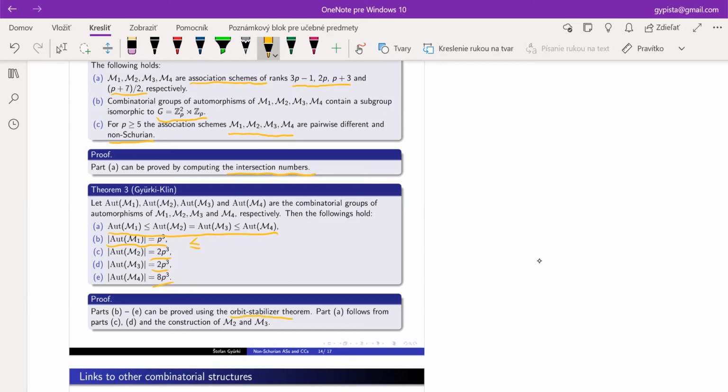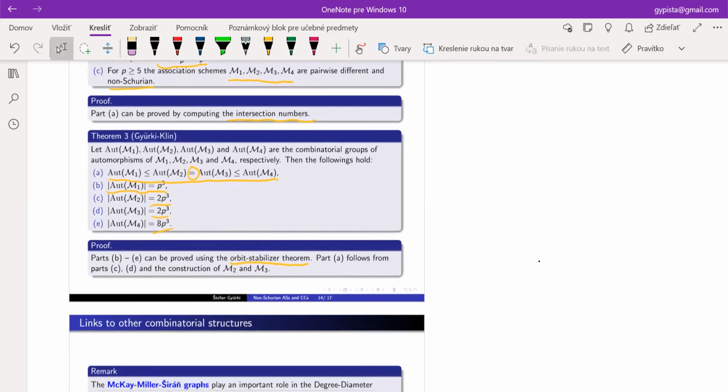But if you compute their size using the orbit-stabilizer theorem, then you will find that really here there is an equality. So we could extend the full picture of the two non-Schurian association schemes on 18 points to a series of non-Schurian association schemes of order 2p squared.